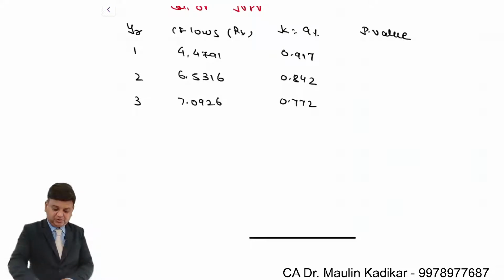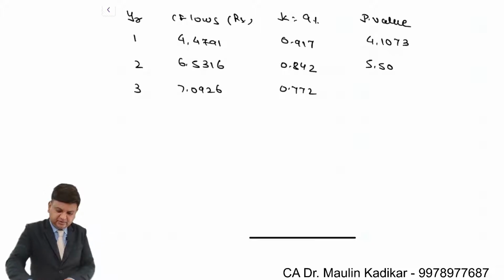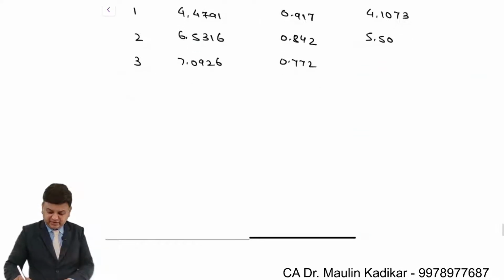Present value calculation: 4.4791 into 0.917, so 4.1073. 6.5316 into 0.842, 5.50. 7.0926 into 0.772, 5.4755.